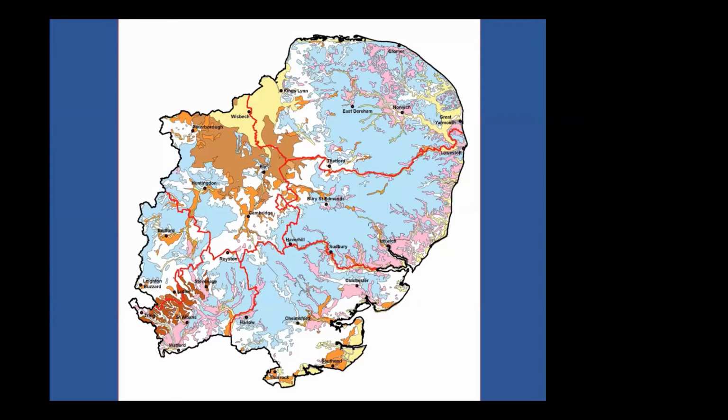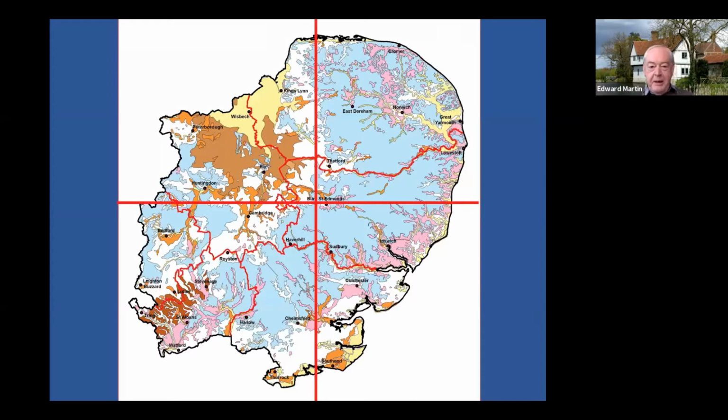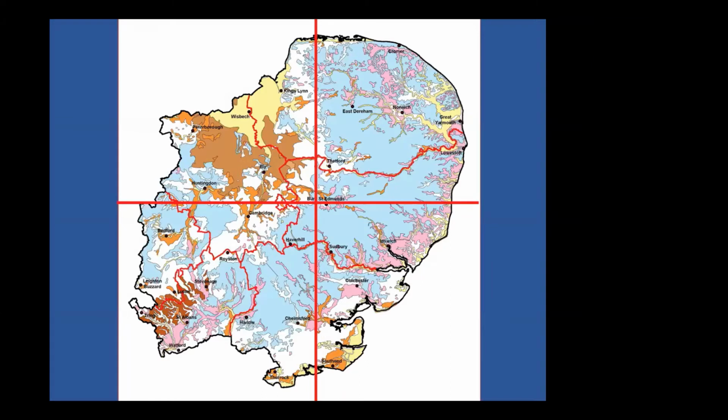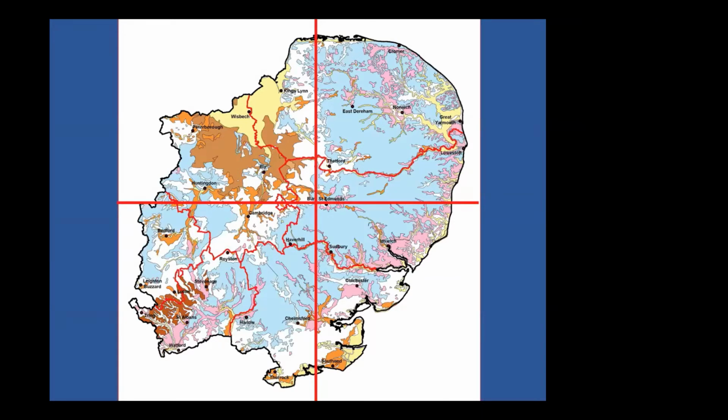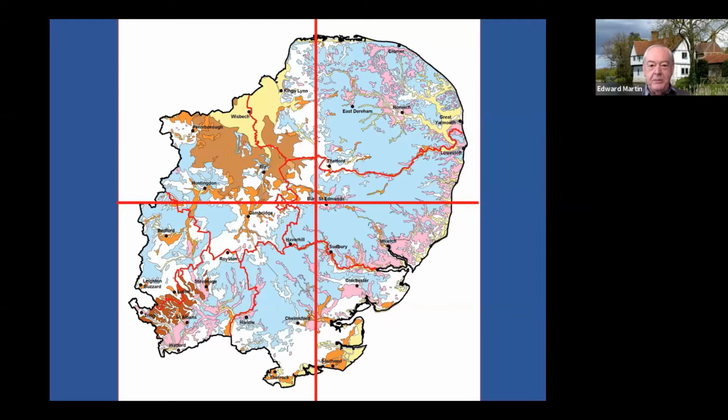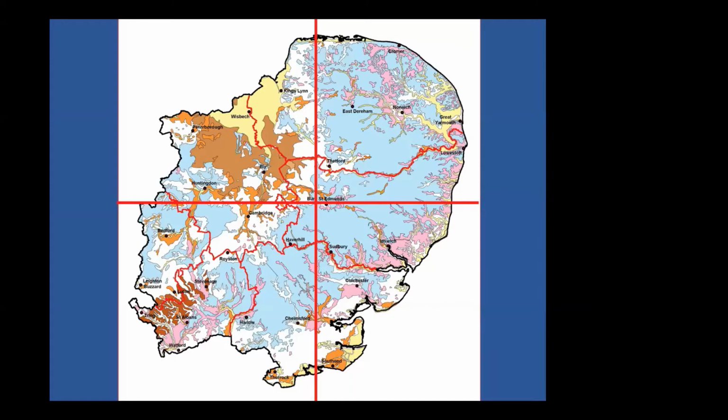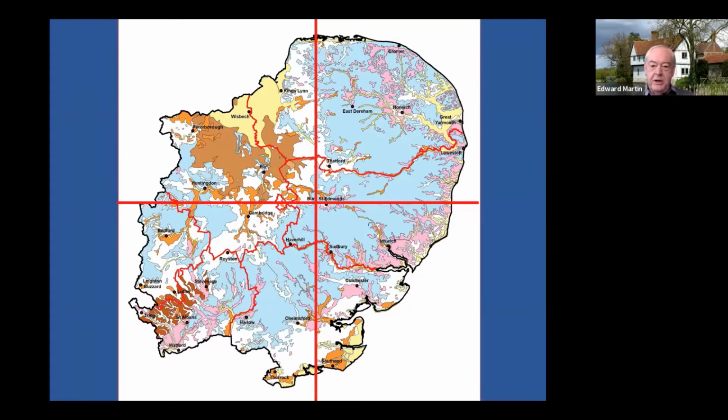Now, I tend to put lines on maps, and so I thought I'd give you a very obvious series of lines, which are really just based on me putting a cross right through East Anglia, Eastern England, in fact. But it is actually quite good for making you think of the different areas of Eastern England.